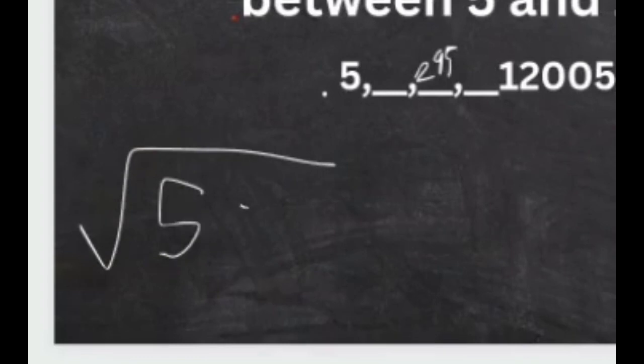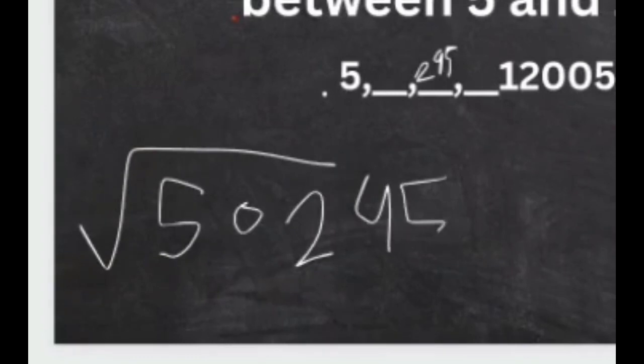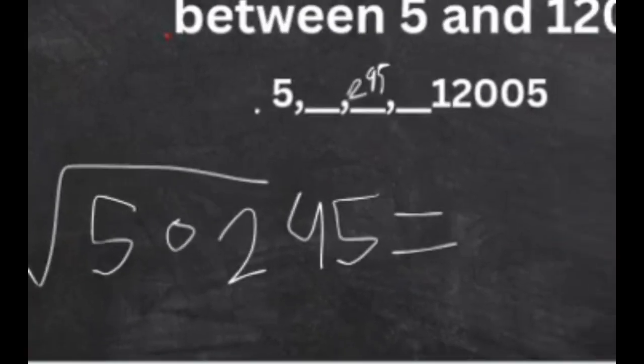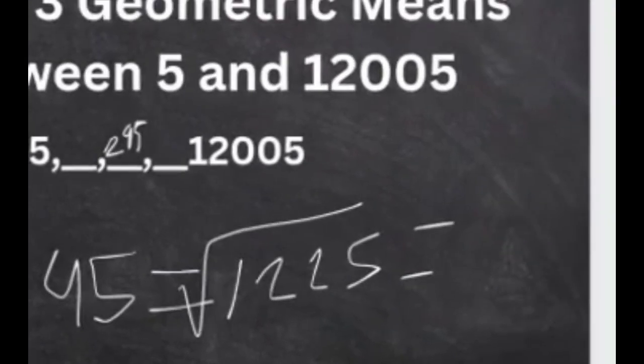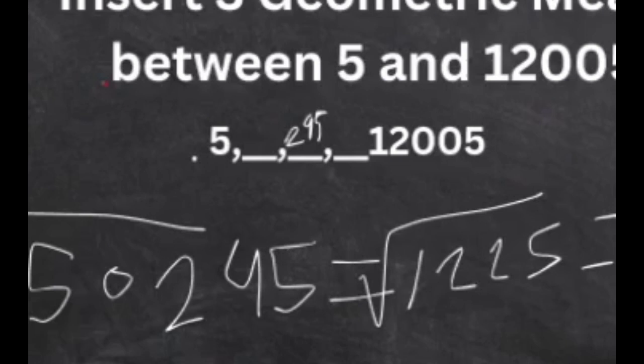It's the same procedure as the third term. 5 times 245 is equal to the square root of 1,225, which is equal to 35. So our second term is 35.